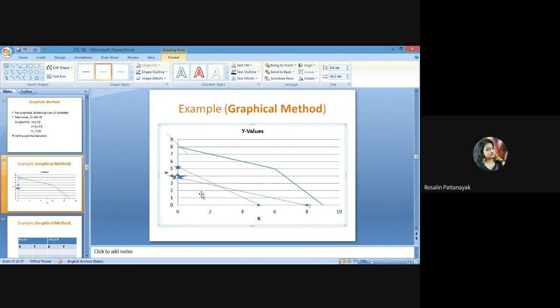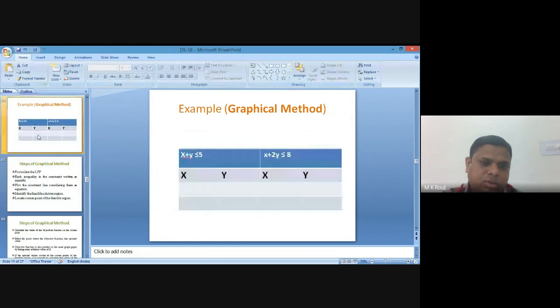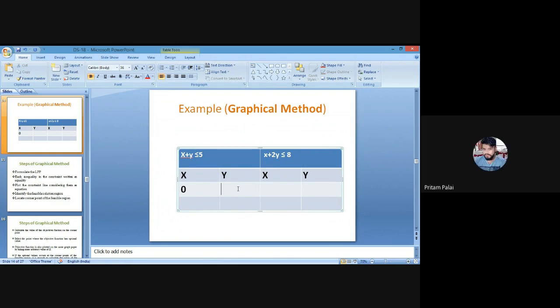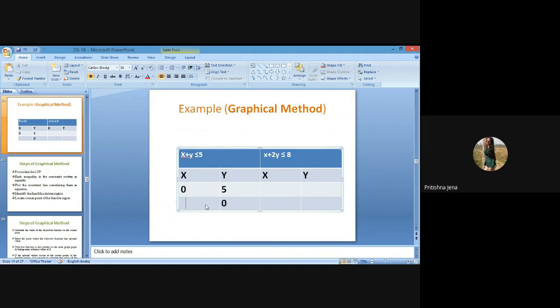Then after you proceed to calculate the different values. For example, x is 0 here in this equation, x plus y. What is the value of y? 5. Next one, if y is equal to 0, what is the value of x? 5.